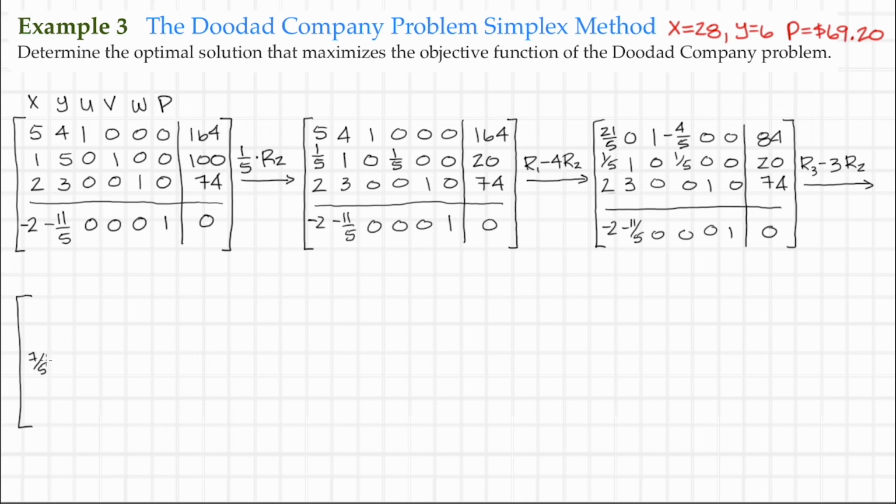So hopefully you can see how using fractions is really advantageous here. So then 1 times 3 is 3. 3 minus 3, 0. That's the whole idea. This is 0. 1/5 times 3, that's 3/5. 0 minus 3/5, that's negative 3/5.